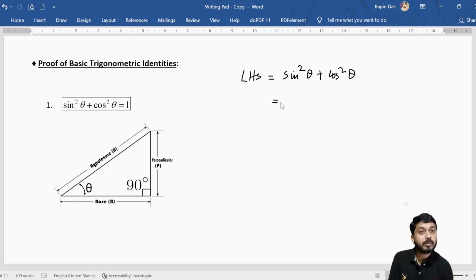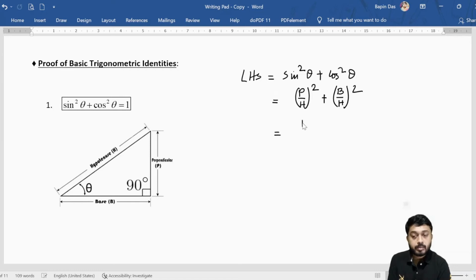Sine theta equal to p by h, perpendicular by hypotenuse, right? So that's what I'm writing here: p by h whole square, because it is sine square theta. After that cos theta. What was cos theta? b by h, base by hypotenuse, right? So I am writing b by h whole square, okay? So after that, p by h whole square means p square by h square, b by h whole square means b square upon h square, right? So after this, do simple addition.